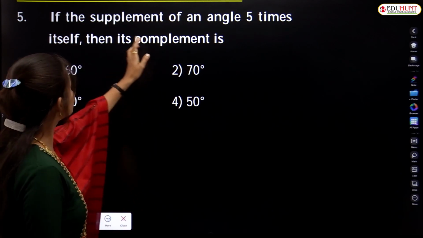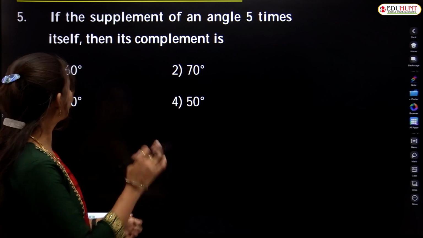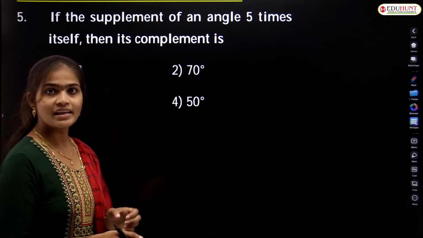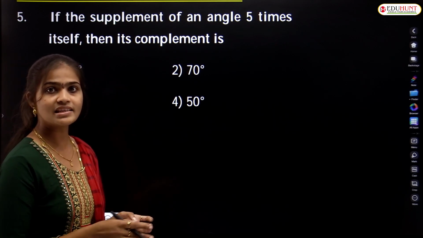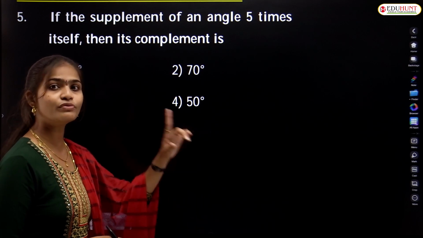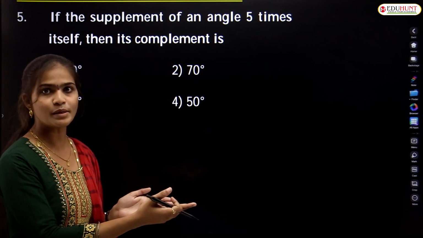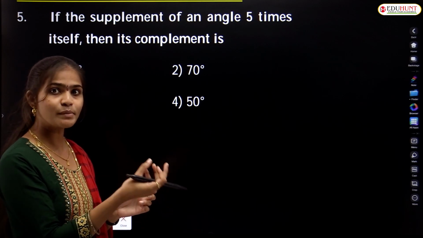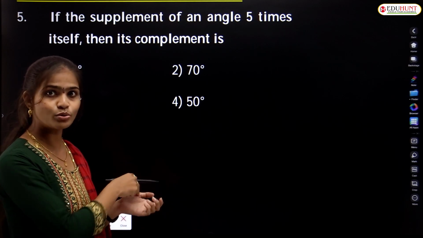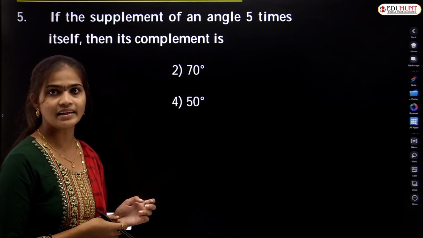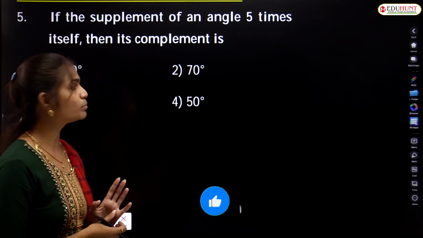So if the supplement of an angle is 5 times itself, here the angle they didn't give, they are just saying a supplement of the angle. So some angle is there, and to that angle another supplement angle is there. The second supplement angle is 5 times the first angle. First you have to read the question properly.